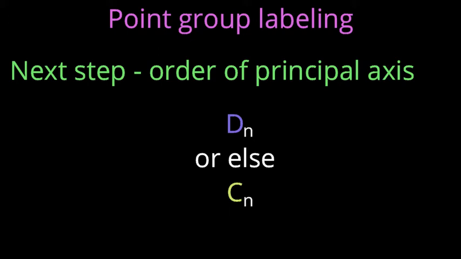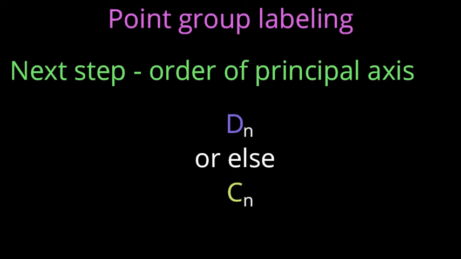Just now I said, what was the order of the principal axis? N. So capital C or capital D that we have sorted out from the operations possible, followed by as a suffix we need to write order of the principal axis N. So what will be the representation now? If it is a cyclic kind of point group, then Cn will be the representation. If dihedral kind of point group, then Dn will be the representation. But just wait, yet we have not completed the labeling.